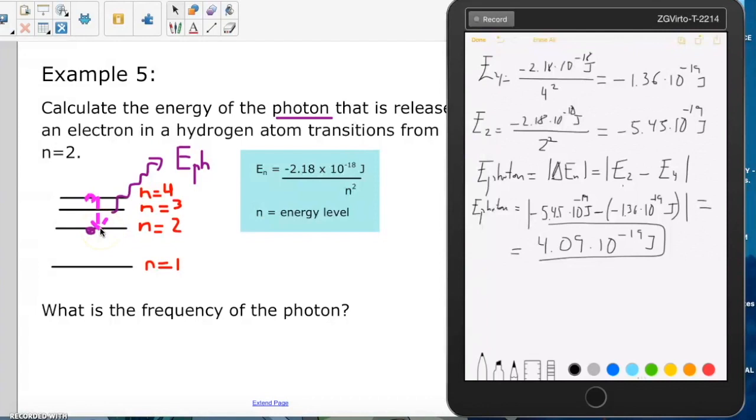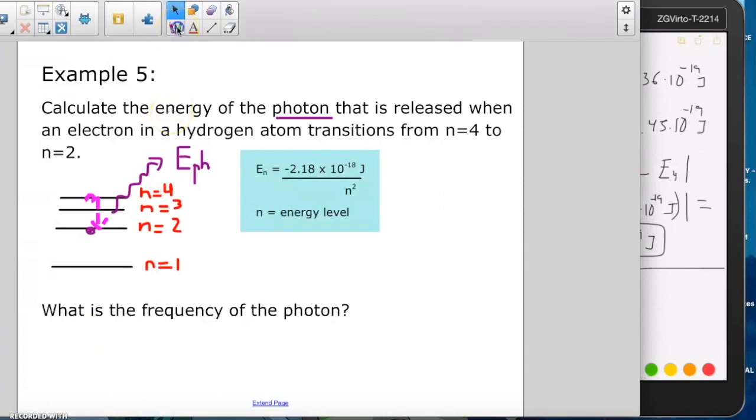That's what it is. Now, the second question: what is the frequency of that photon? Well, we know that there is an equation that relates the frequency with the energy of a photon, right? So that equation, remember, is the following.